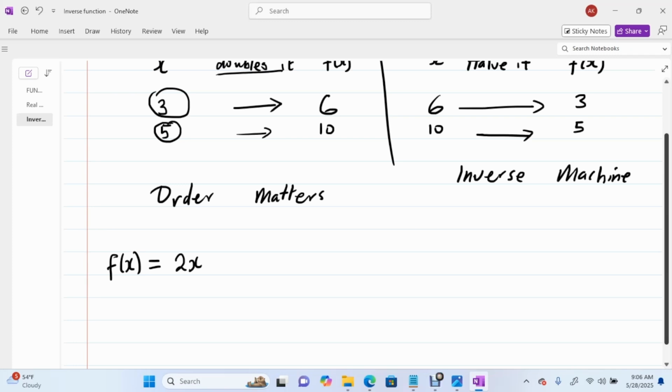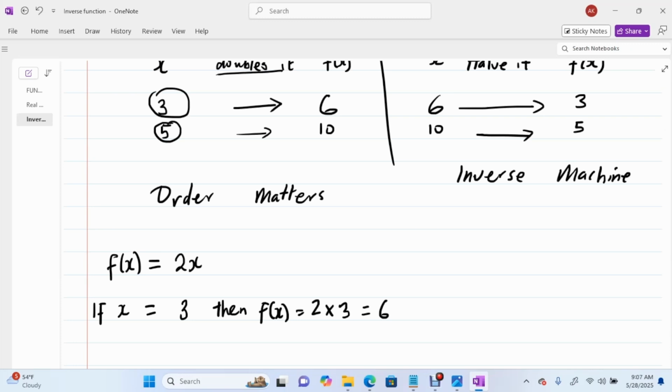So for example, if x is equal to 3, then f of x will be 2 times 3, which gives us 6.